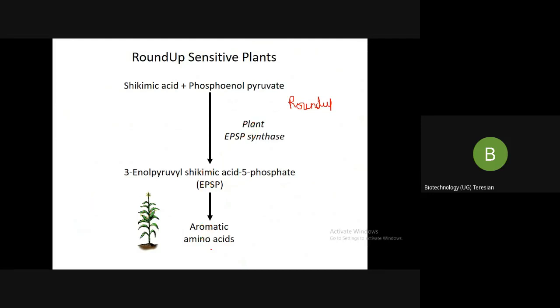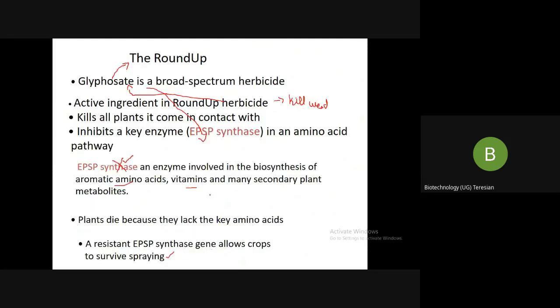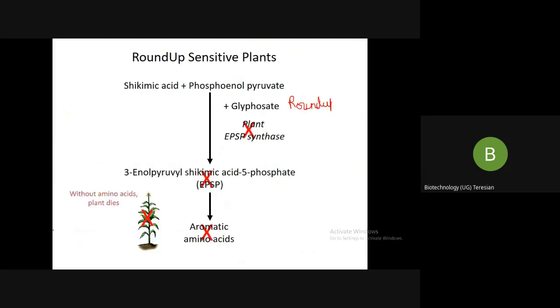The particular vitamins are not produced. The secondary metabolites required by the plants are not produced. So what will happen? Without amino acids, your plant is going to die. This is the mechanism of how this herbicide is killing the plant, irrespective of your crop plant or the weed plant.